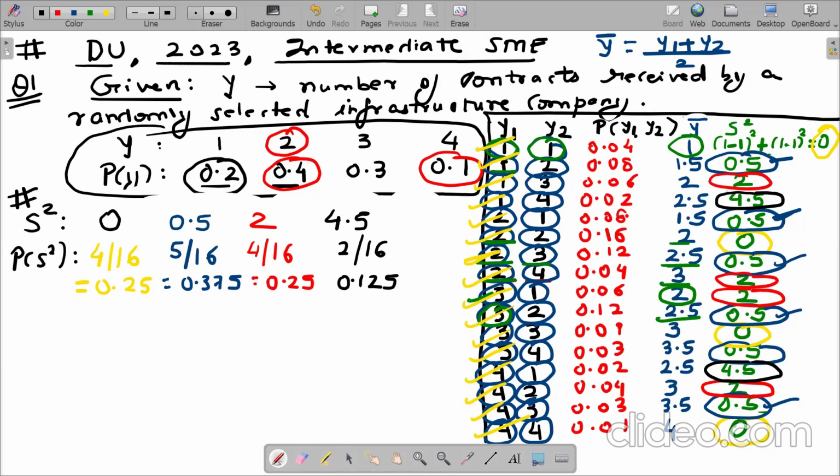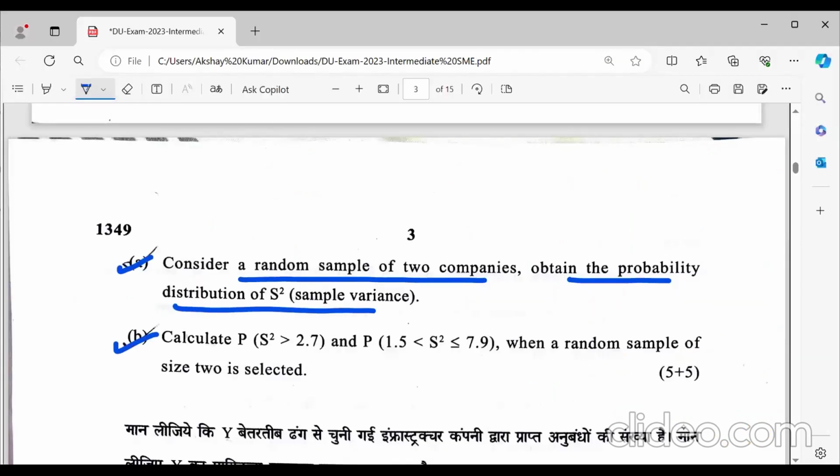So I can now calculate. The next part of the question is asking us what? So this is the answer for part A. And part B, if I come back to the question paper, calculate the probability of S square more than 2.7 and S square lying between 1.5 and 7.5.